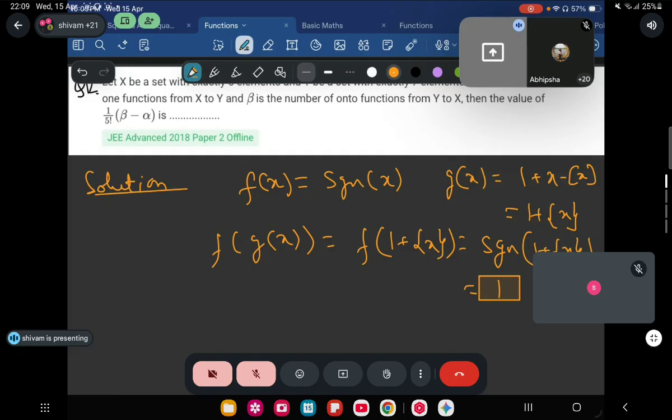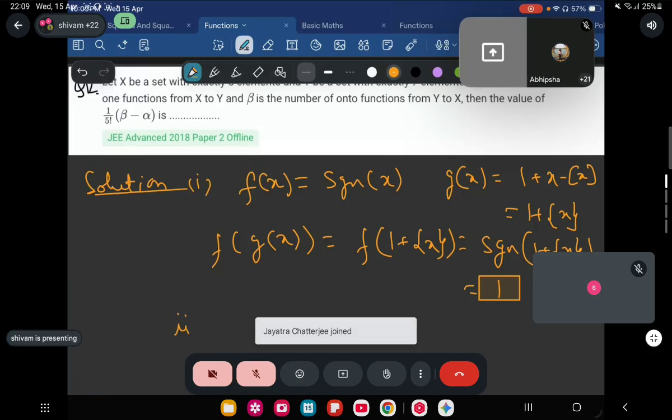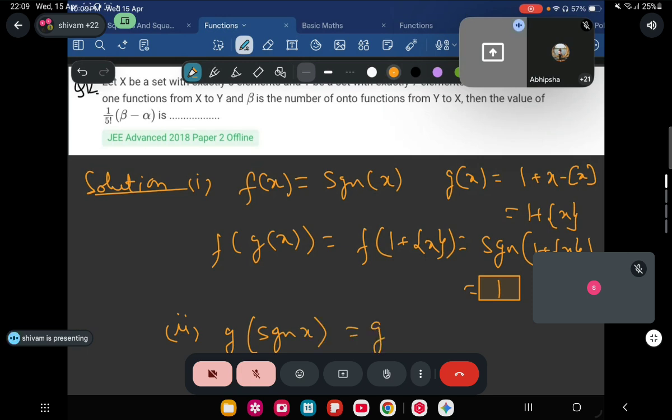Tell me, are you getting it? Yes, sir. Okay, next. Part 2. g of f of x. So it will be g of f of x, signum of x, which is equal to 1 plus fractional part of signum of x.